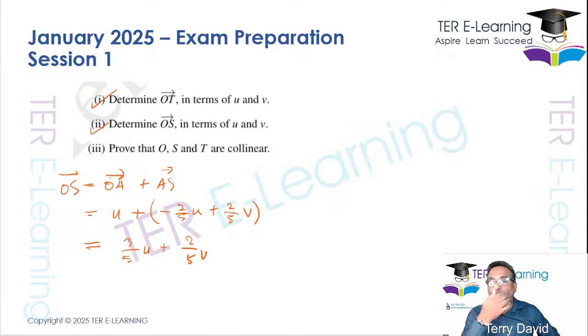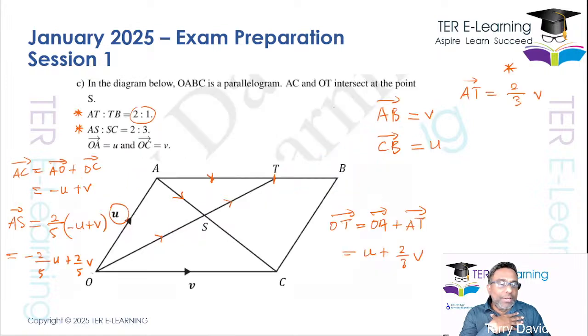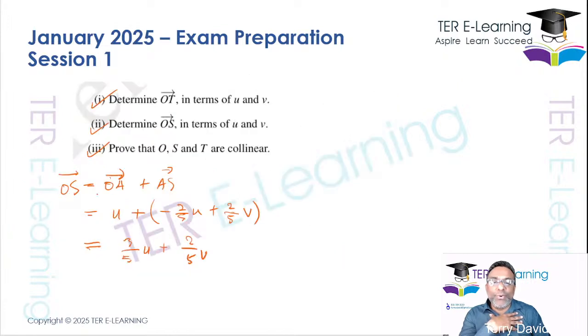Now, the last part of the question, students generally leave this out. We want to prove that O, S and T are collinear. I know students from my class would know what this word means. Whenever you see the word collinear, what does that really mean?